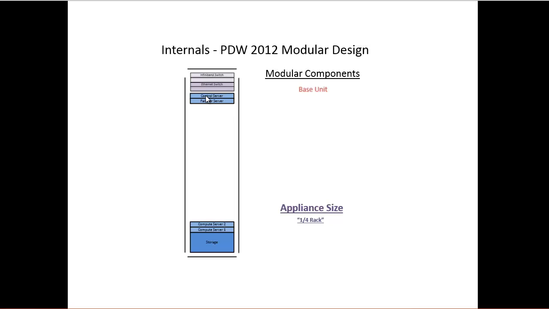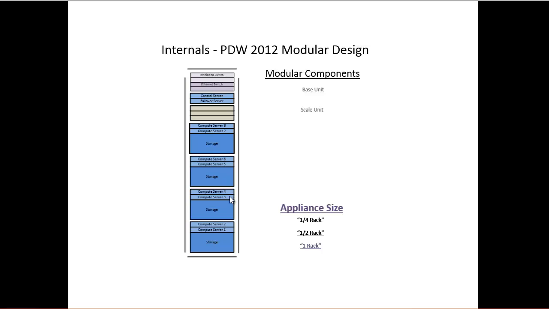As this scales, as I indicated before, you can add scale units. And again, these compute nodes, 4 and 3 in this case, are just 2 additional instances of SQL Server.